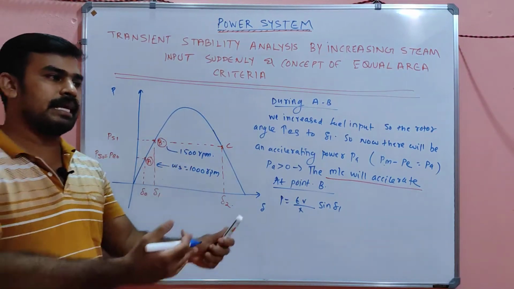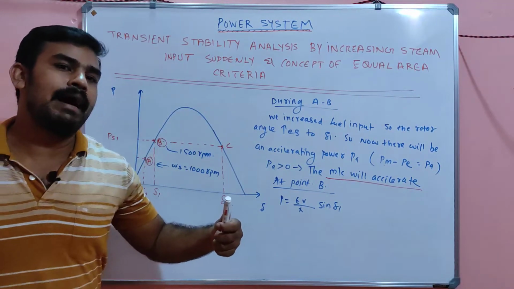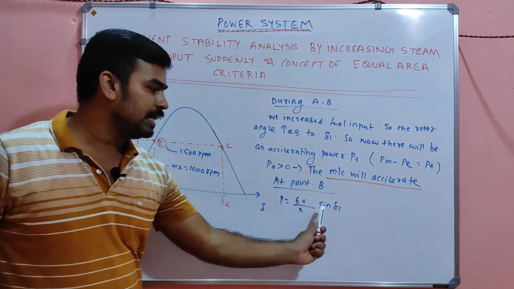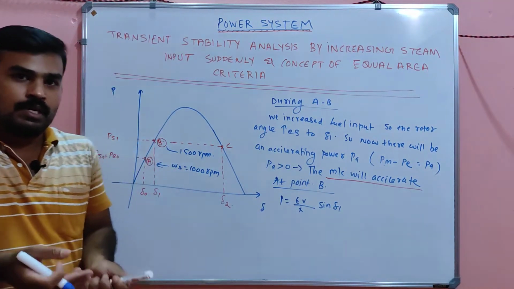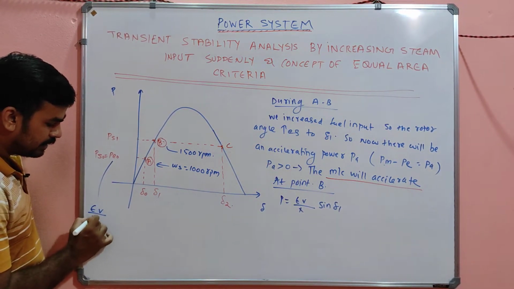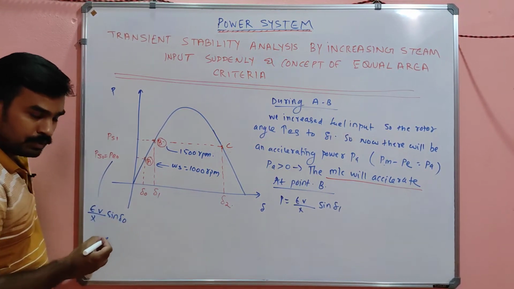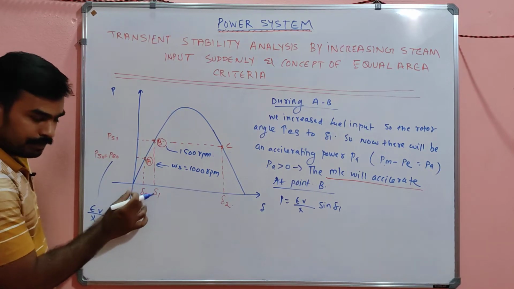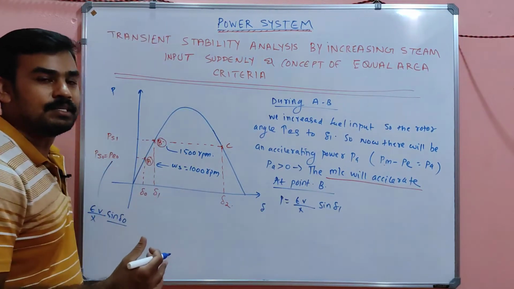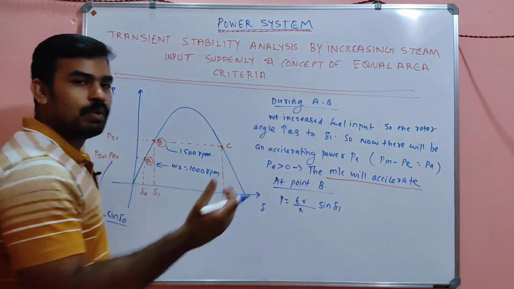First the mechanical power increased and the rotor angle increased, and due to the effect of sine delta 1, the power was EV by X into sine delta 0, where delta 0 is small, but now delta 1 has increased with respect to delta 0, so the power also increased.